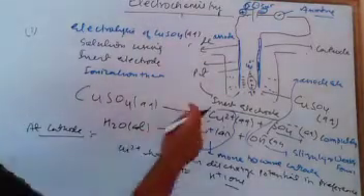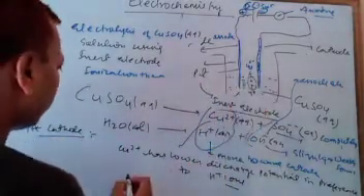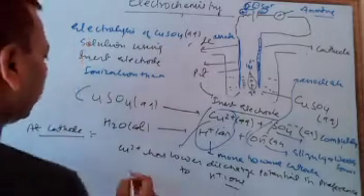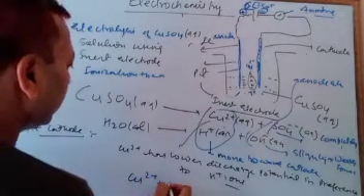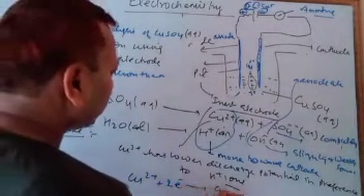So write: the copper ion takes up 2 electrons like this and is deposited.